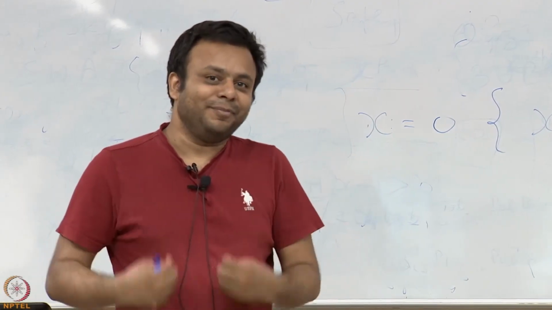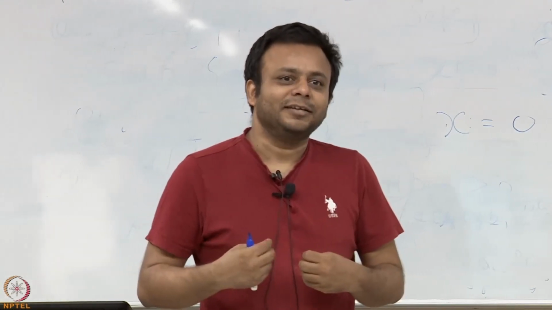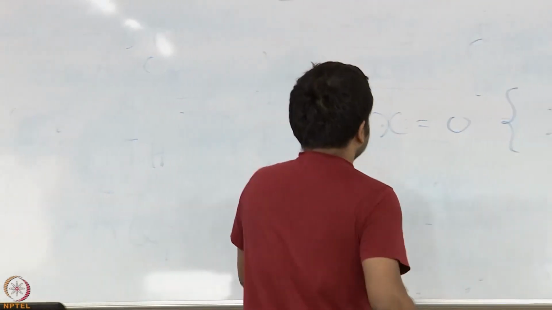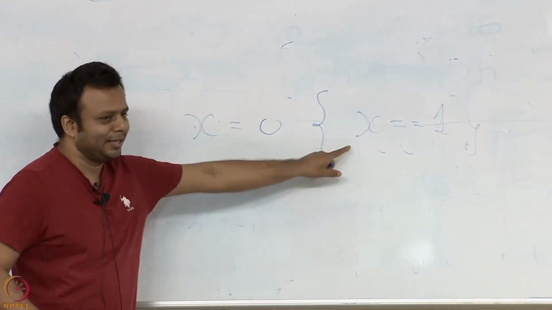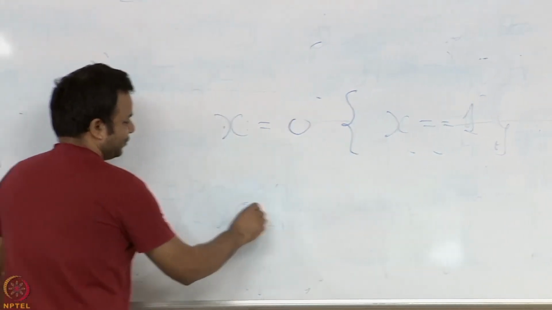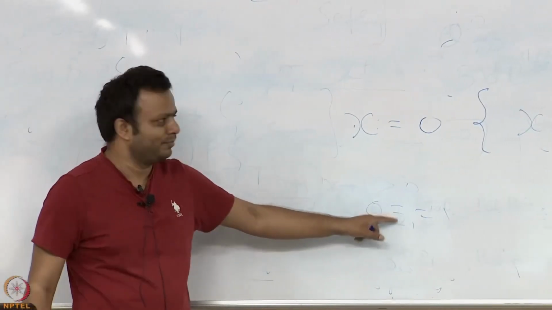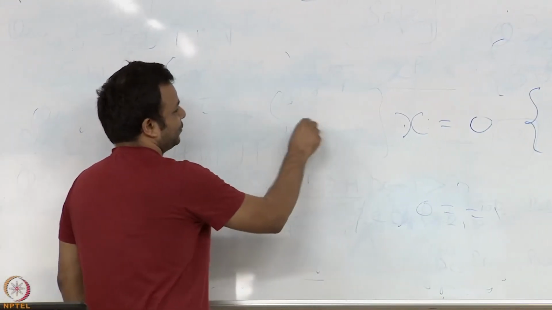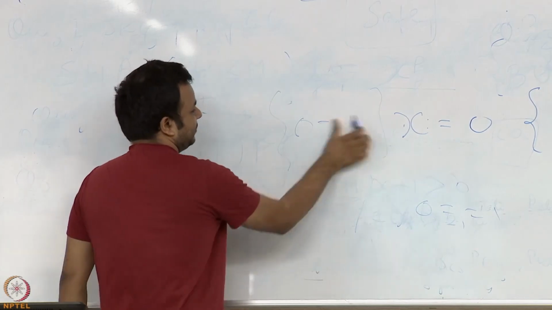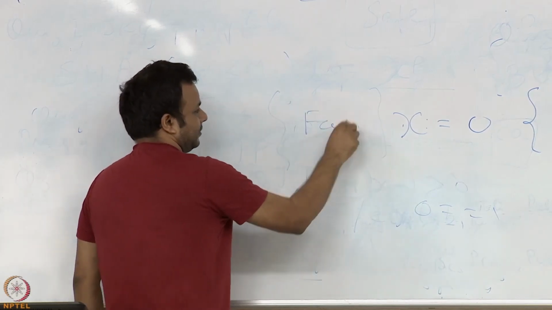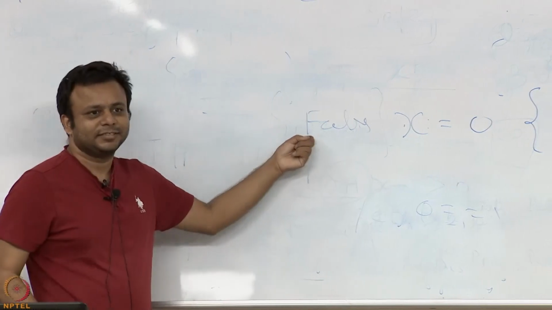I can derive mathematically, algorithmically, that this is impossible. How? I just simply put the value of x there and get 0 equals 1. This is an unsatisfiable formula. So it actually starts with 0 equals 1, which means false. You start with false, meaning no states.